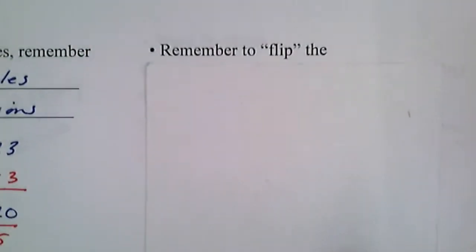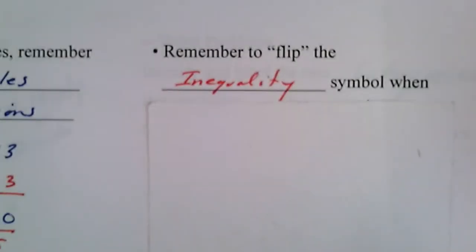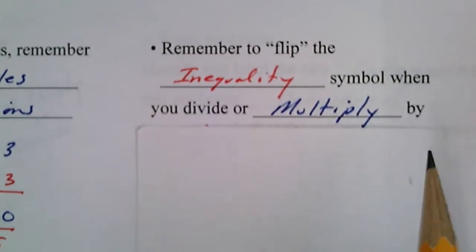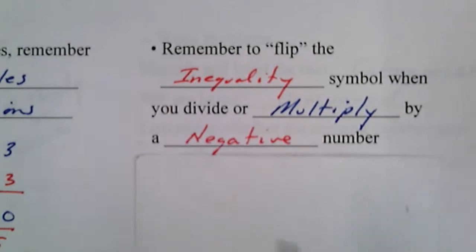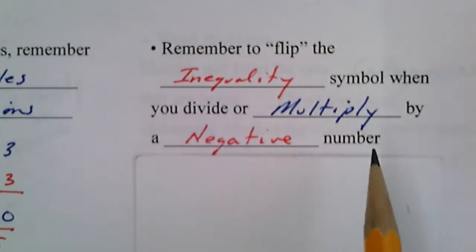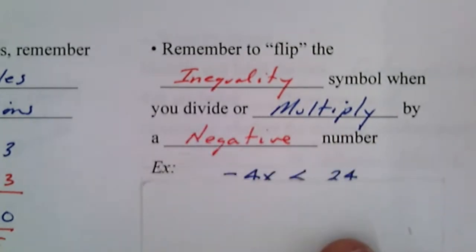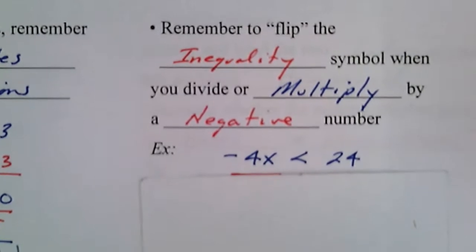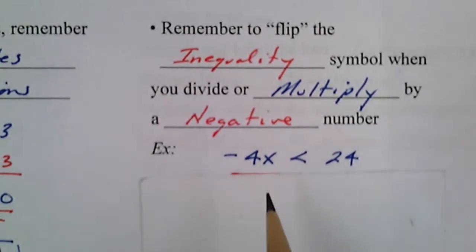Then let's go back up to the top of the page over here on the right side. Remember to flip your inequality symbol when you divide or multiply by a negative number. I spent a lot of time talking about this when we were going over example problems throughout the semester. This number right now is a positive number.